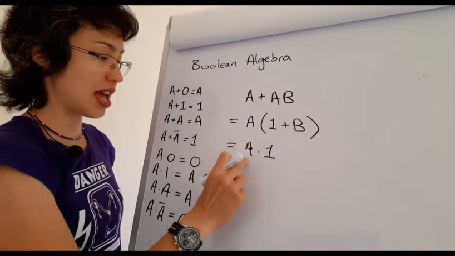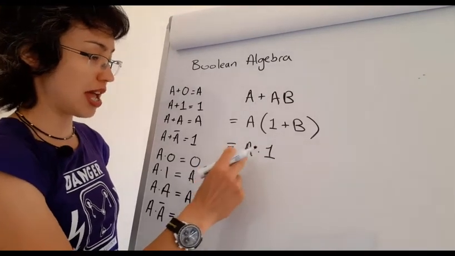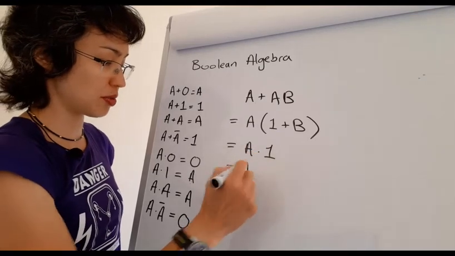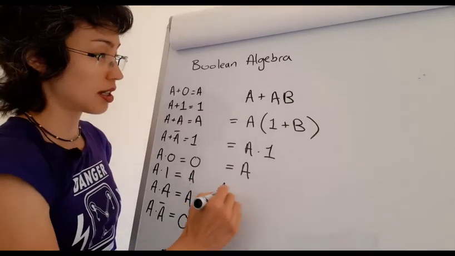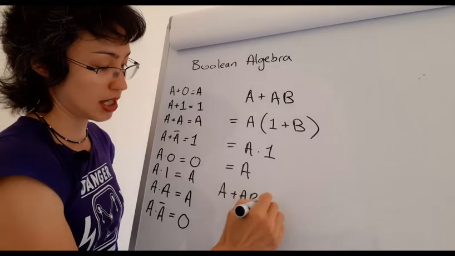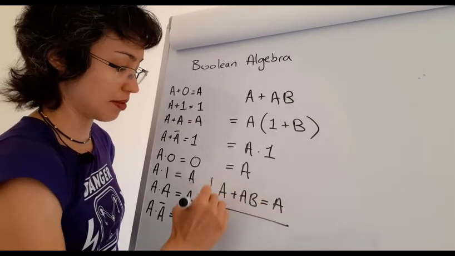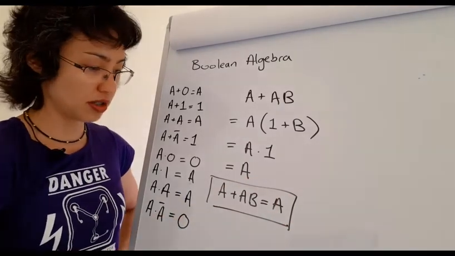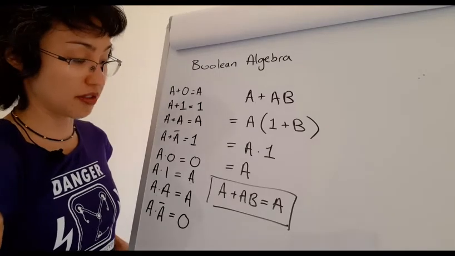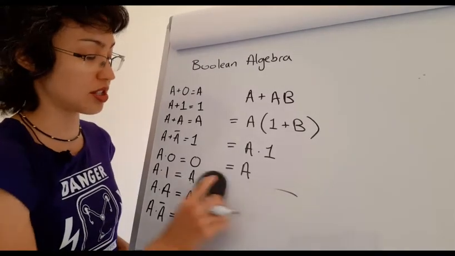So then you have A and 1. Well, A and 1 is always going to be equal to A. So this expression here is equal to A. So this rule is very useful later on. I'll show you another example where you can start using this one straight away.